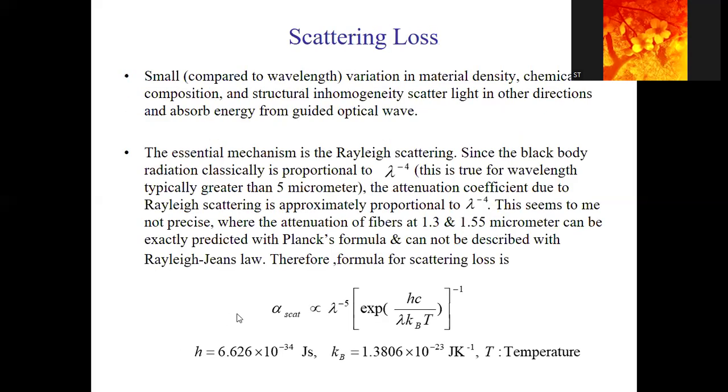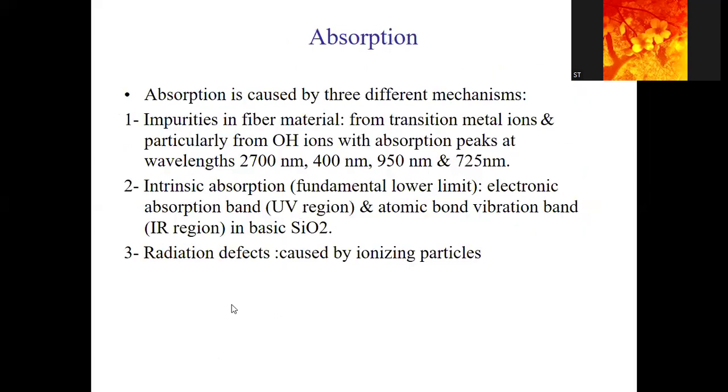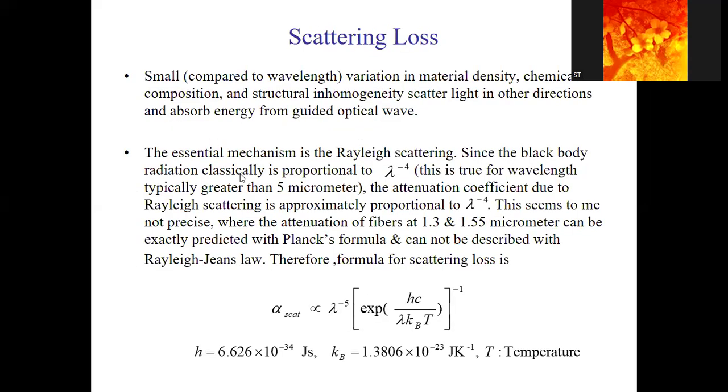Next thing is scattering loss. So attenuation is caused by absorption, and absorption has the reasons given by these three points. The second cause of attenuation is scattering. Scattering is caused because of variation in the material density.